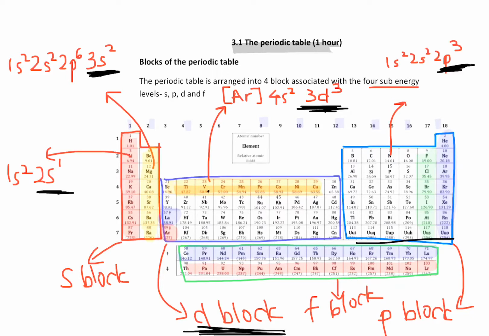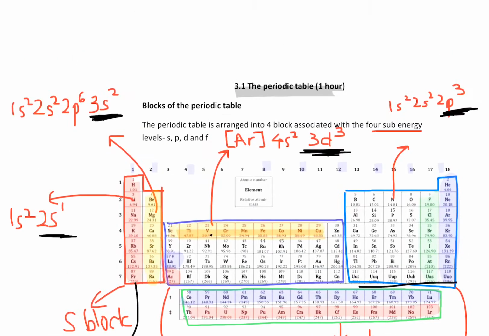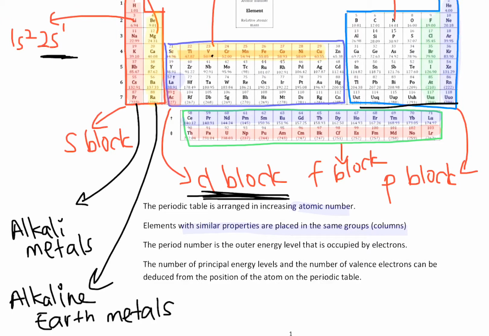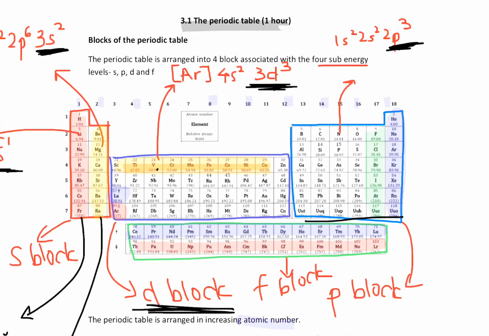And the first group, this is called the alkali metals. The second group here, this is called the alkaline earth metals, and you have this one here, the one highlighted in orange.